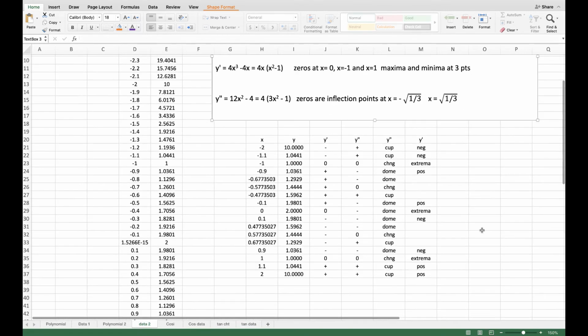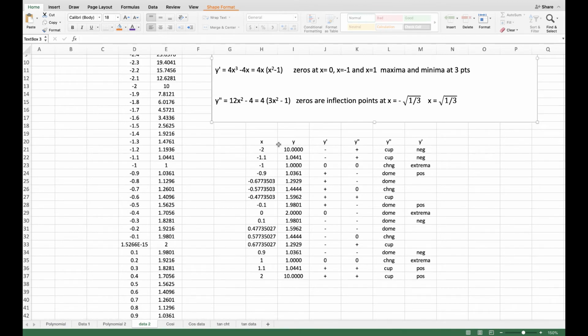So now we put that information into the table like we did, and I calculated, like you see here, I plotted between -2 and +2, and you can see that this has a lot of symmetry to it. At -2, the function yields the result of 10. At +2, it also yields 10.